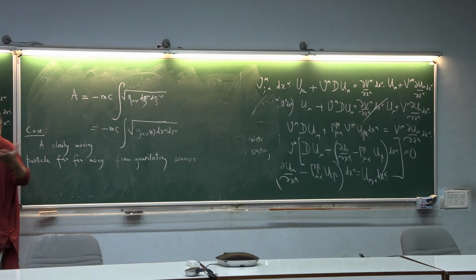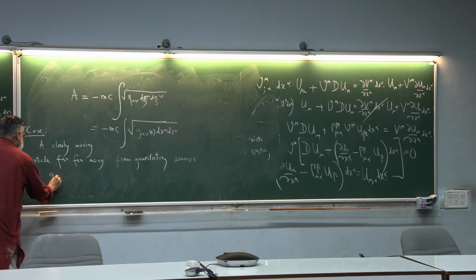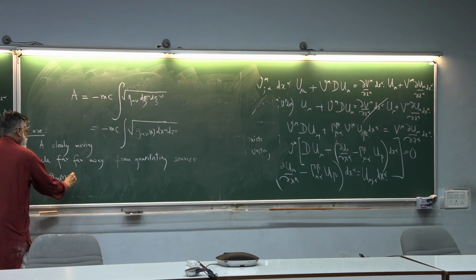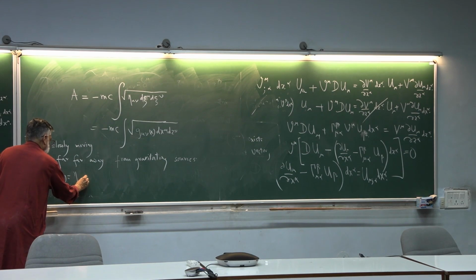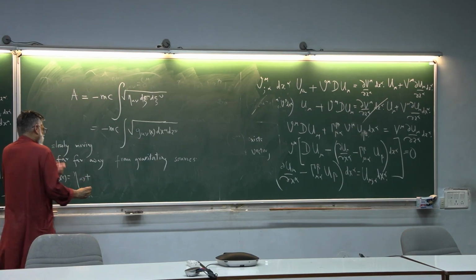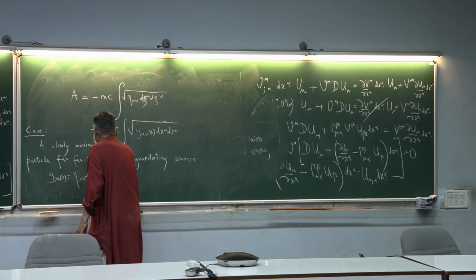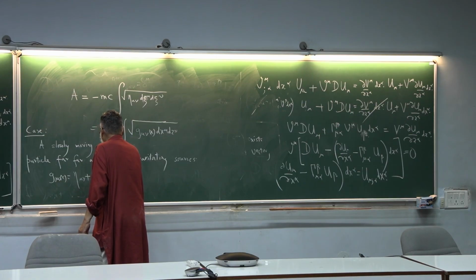There will be actual matter. Therefore, you can't set up a coordinate system where everywhere you get a metric which is eta mu nu. But what you will find is you can go far away where your g mu nu of x is eta mu nu plus a very tiny perturbation h mu nu of x.